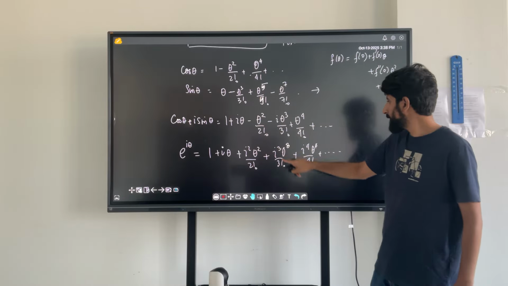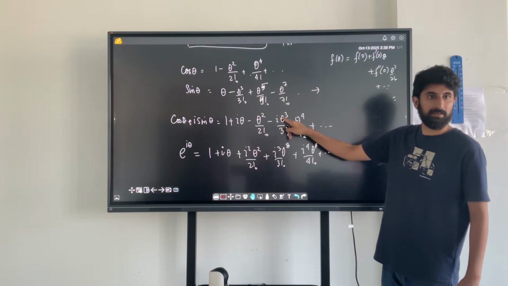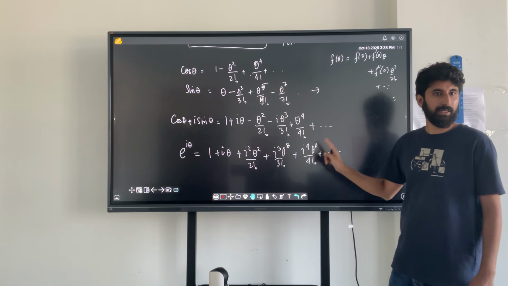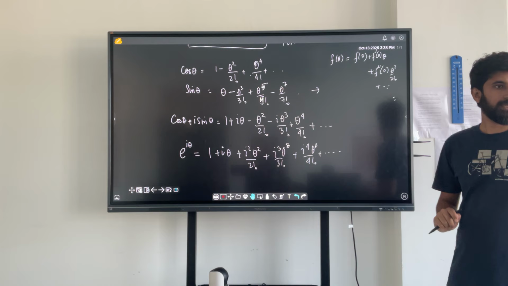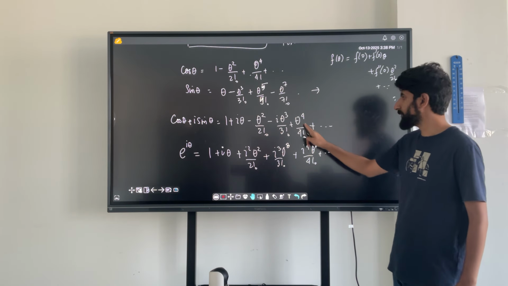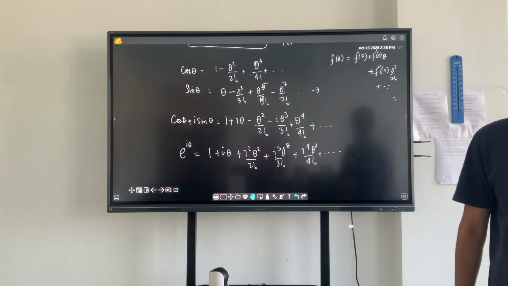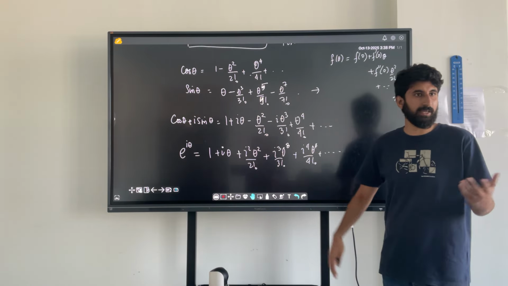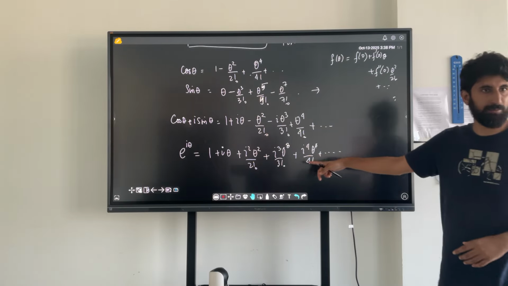Iota cube theta cube by 3 factorial, but iota cube is minus iota, it makes the same as this term. Every term is the same, every power of theta has the same coefficient. Iota power 4 is 1. But this was possible, why? Because iota square was -1. This is the first time you see its effect.